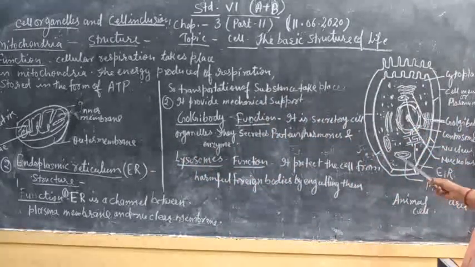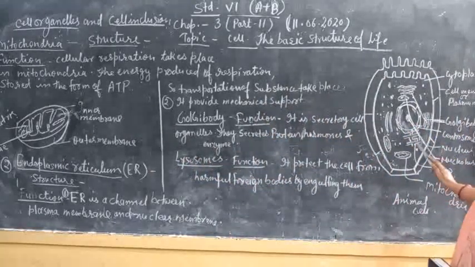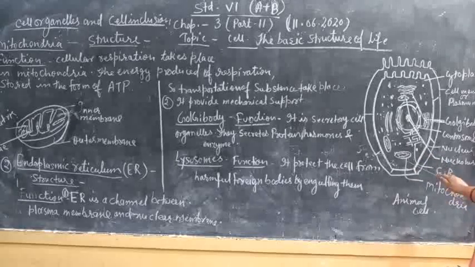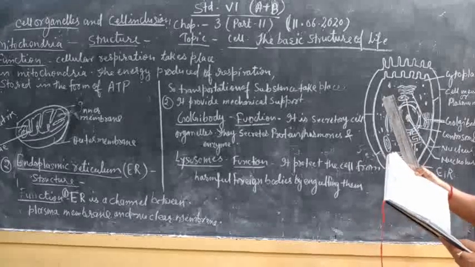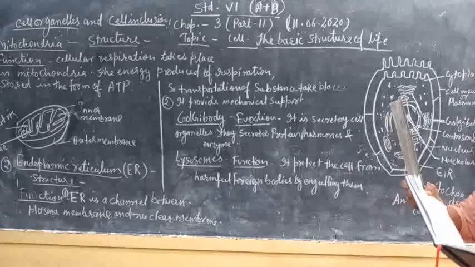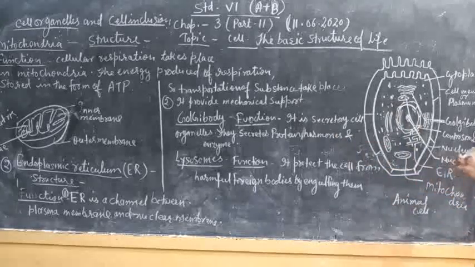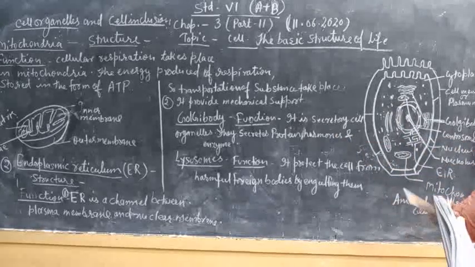In this figure of an animal cell, here is the mitochondria. It is distributed uniformly in the whole cytoplasm of both plant cells and animal cells.